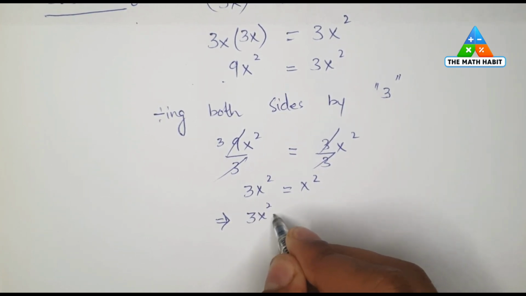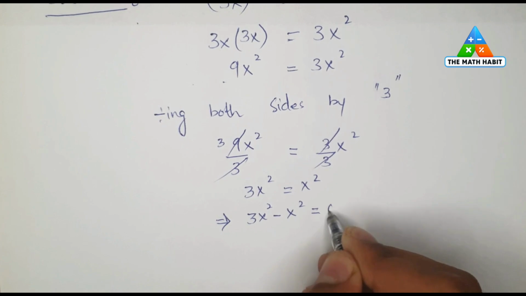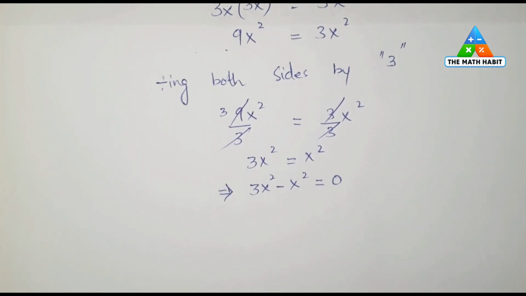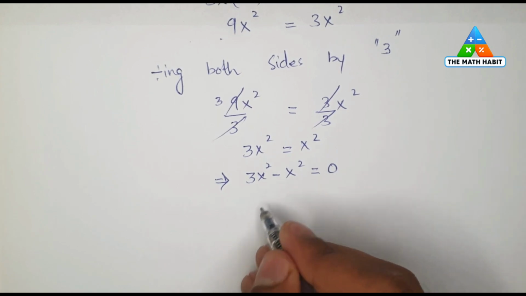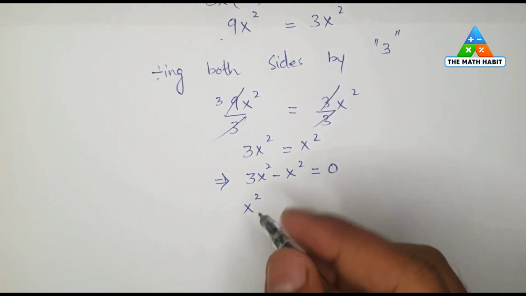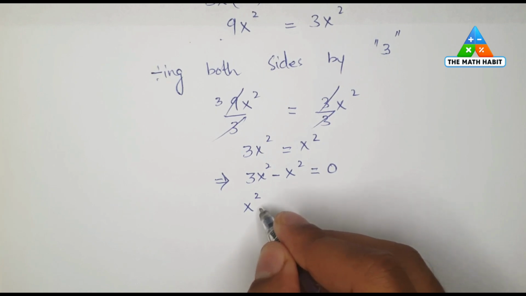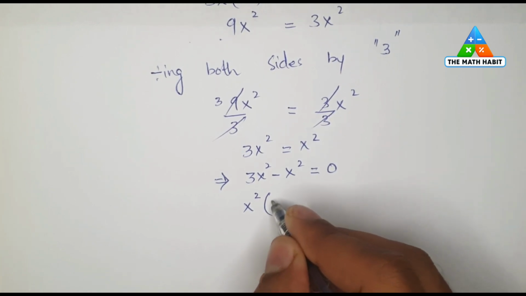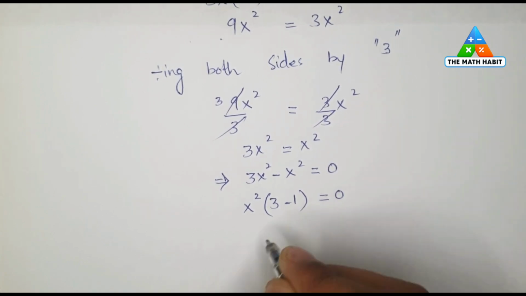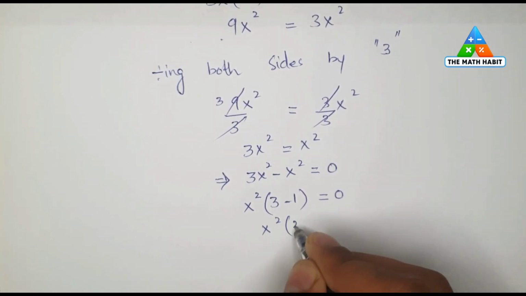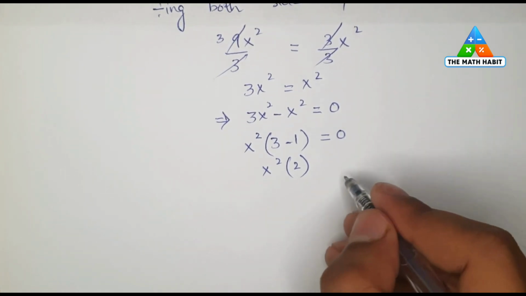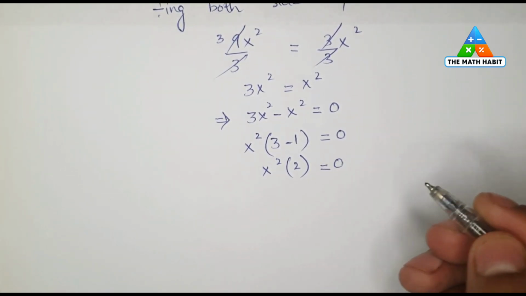3x² − x² = 0. Now here, you can notice that x² is a common entity, so we can write this equation as x²(3 − 1) = 0. x² into 2, as 3 − 1 is equal to 2, = 0.